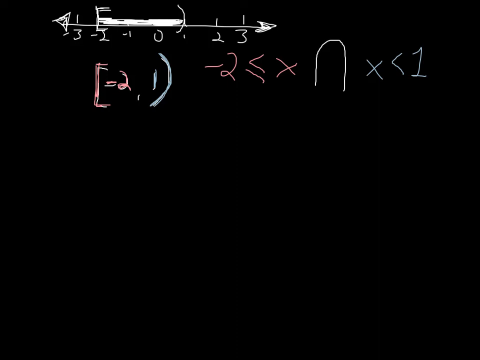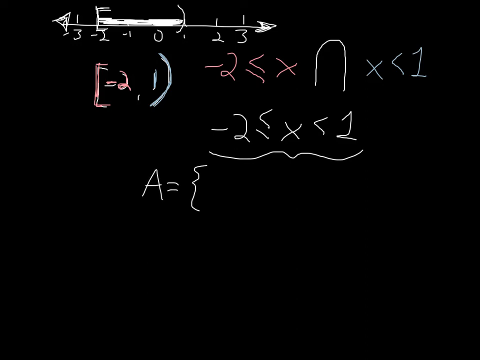Can we combine these into a single compound inequality? You bet we can. -2 is less than or equal to x, which is also less than 1. How would we write this in set notation? We just take this whole thing and drop it right in.